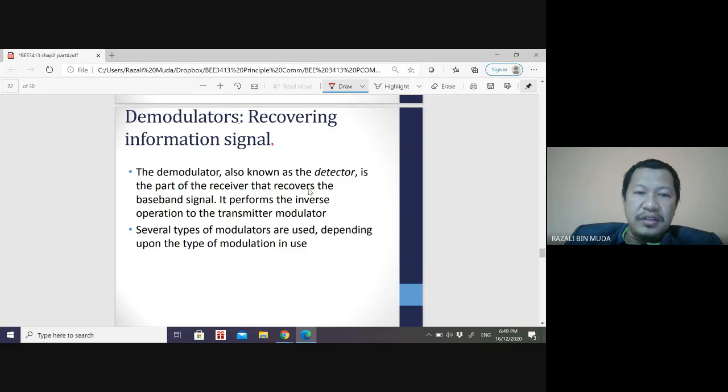So that the modulated signal at the transmitter will be detected and recovered, changed back to the original signal. The demodulator, also known as the detector, is the part of the receiver that recovers the baseband signal. It performs the inverse operation of the transmitter modulator.